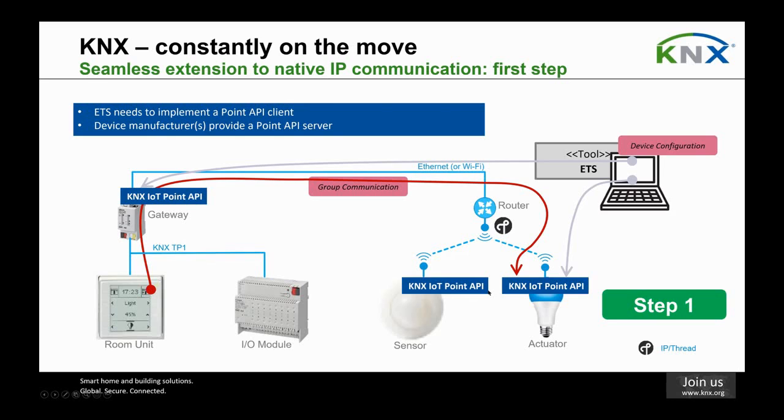So actually a room unit on twisted pair could, via a Point API gateway and via group communication, even switch on a lamp that is sitting on a Thread network behind a Thread border router. And all of this would be configurable in a future version of the ETS.